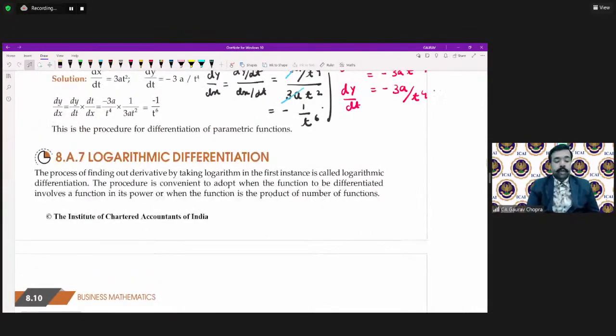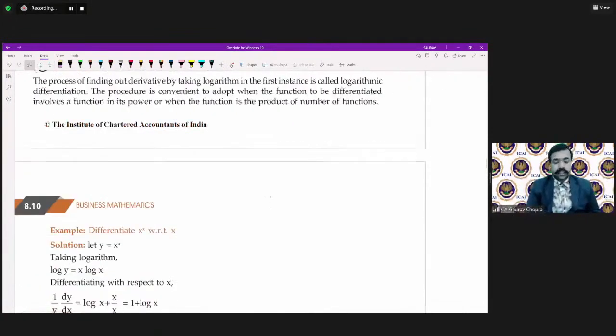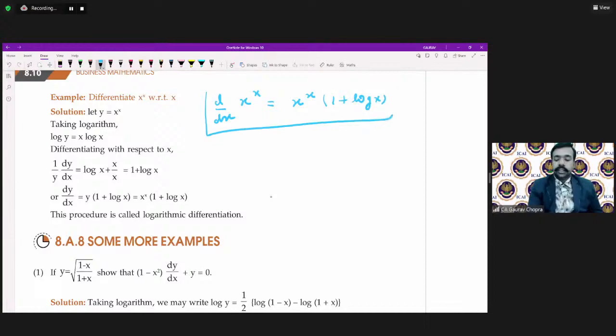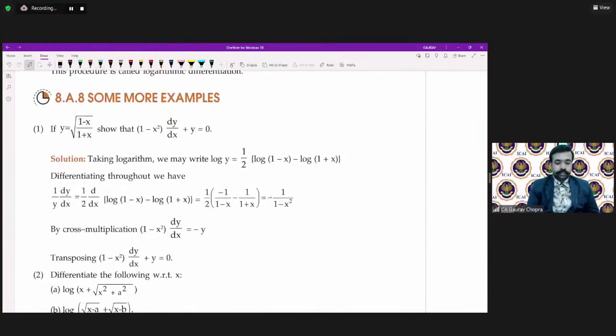Then x to the power of x, we discussed this in the last class, and the result was that whenever we find the derivative of x to the power of x, the result is x to the power of x multiplied by 1 plus log of x. This was the result we concluded in the previous session.